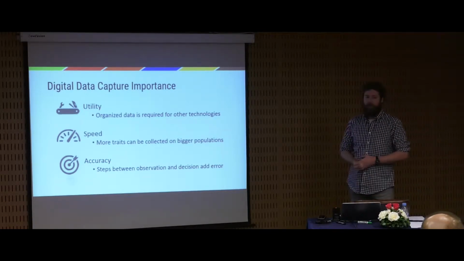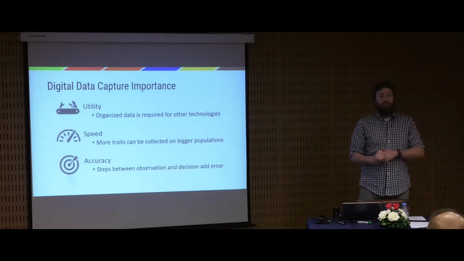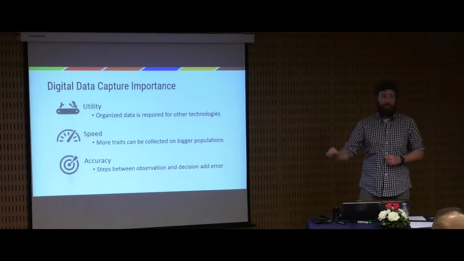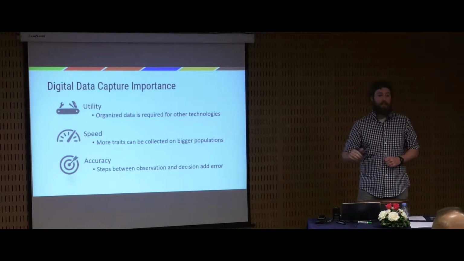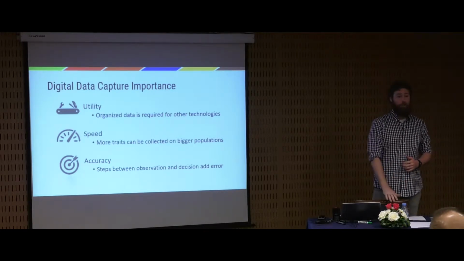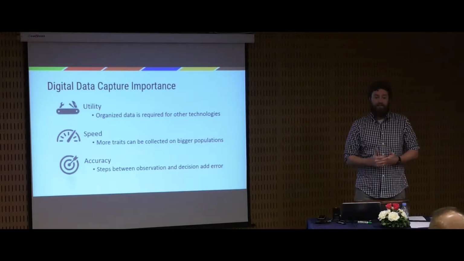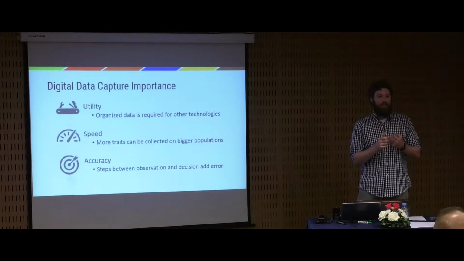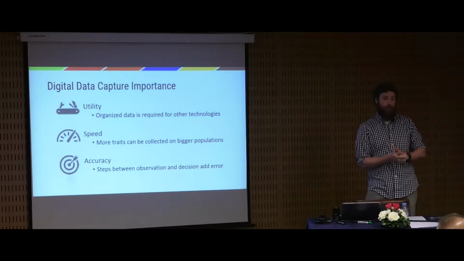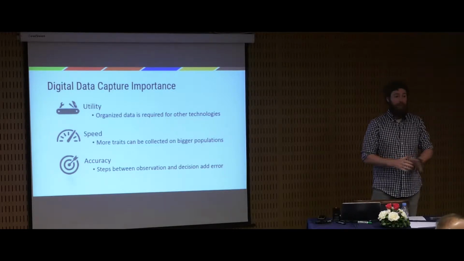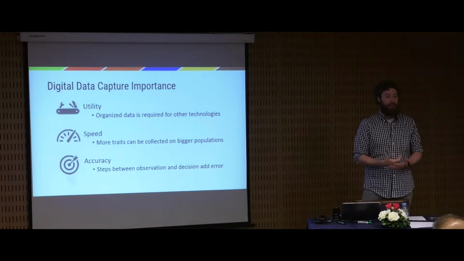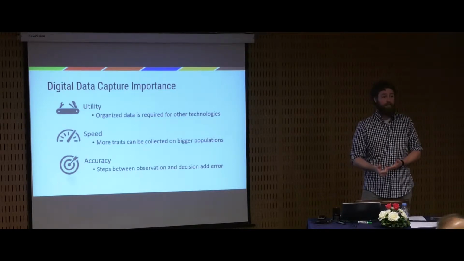And last but not least, accuracy. As I mentioned, every single step between observing something and actually making a decision on that something is a place where error can be introduced. If we just choose a really low 1% error rate on scribing, reading, retranscribing into a computer, and then analyzing, we have roughly 5% random data by the time we actually start doing the analysis and making our selection decisions.